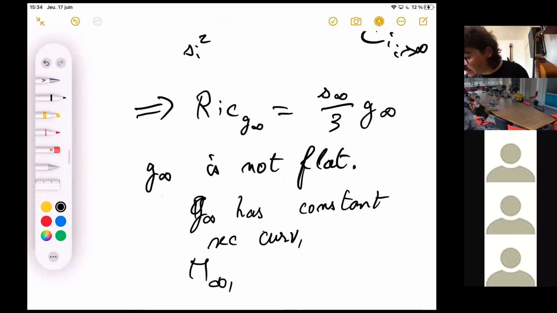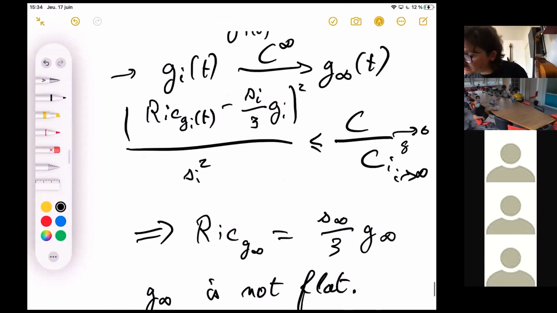So that tells you that m infinity, g infinity, this convergence here is a pointed convergence. Maybe I should be clearer here. We have to be a little careful.